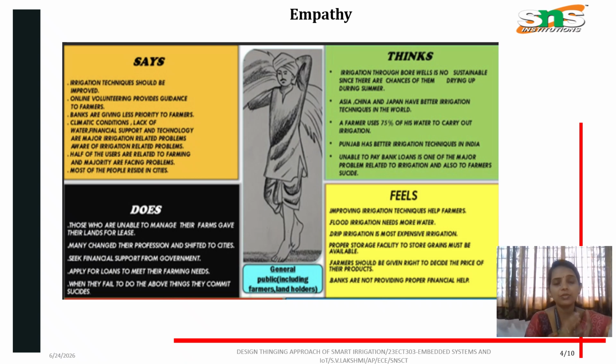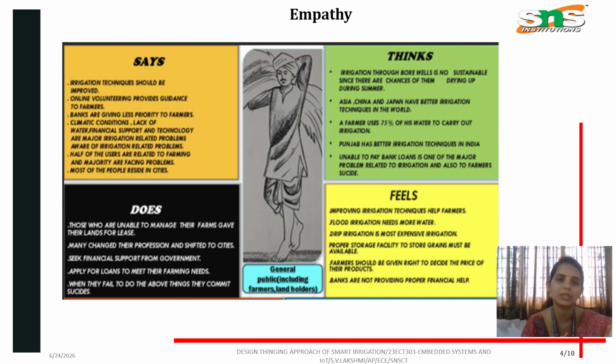Before implementing these steps, we have to first analyze the needs of the farmer and the people. What is the farmer's point of view, how do they think? Irrigation through bore wells is not sustainable since there are chances of them drying up during summer.